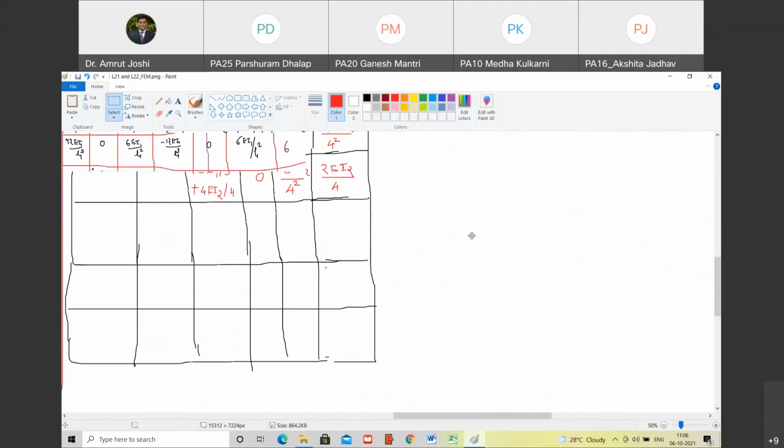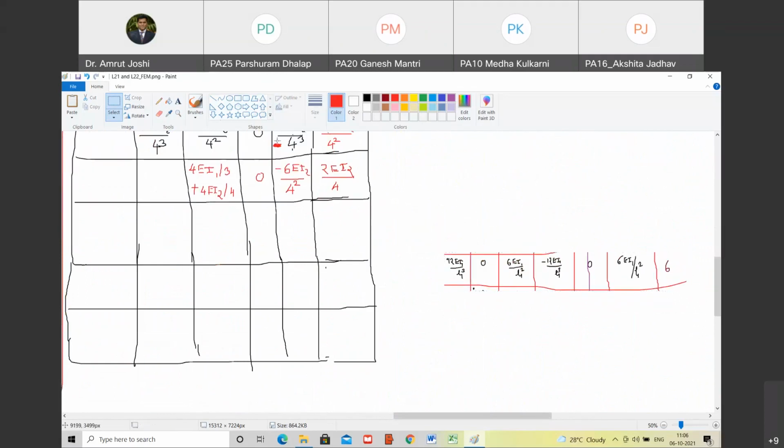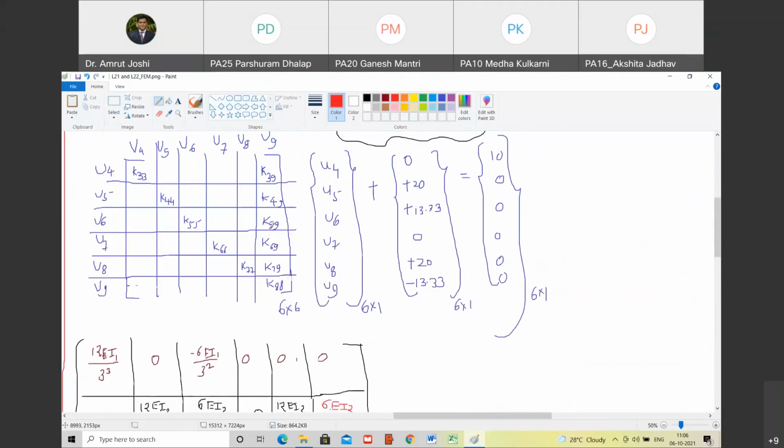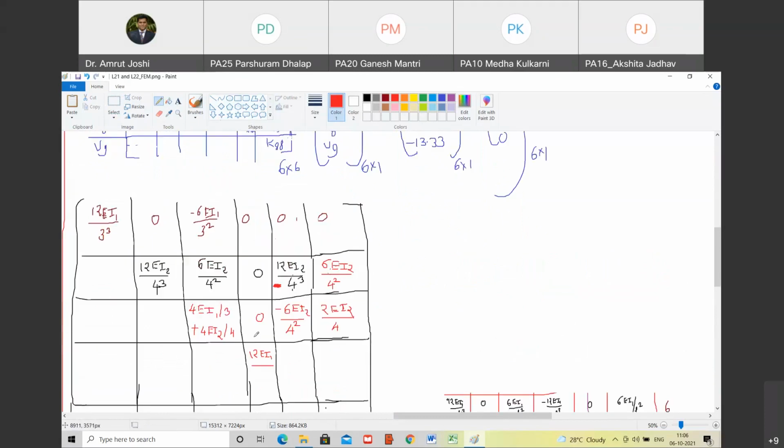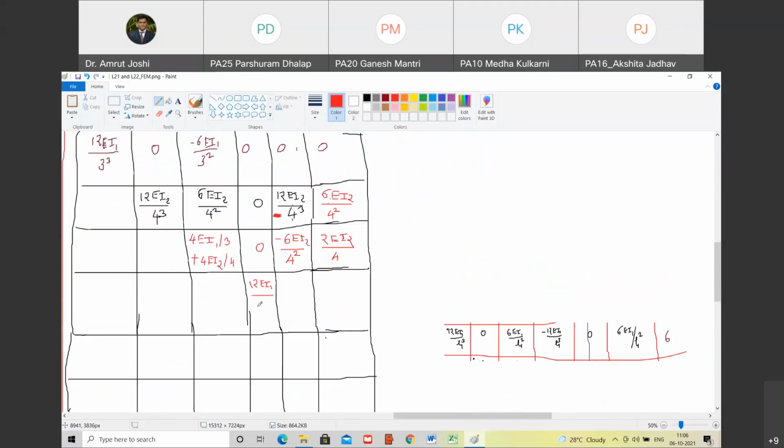We'll complete this and then stop for today. Are you with me? So this is K66. So 12 EI1 upon L1 cube, 12 EI1 upon 3 cube.